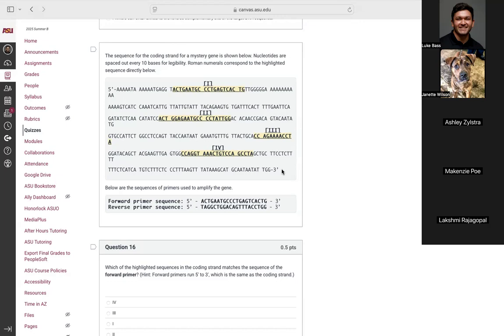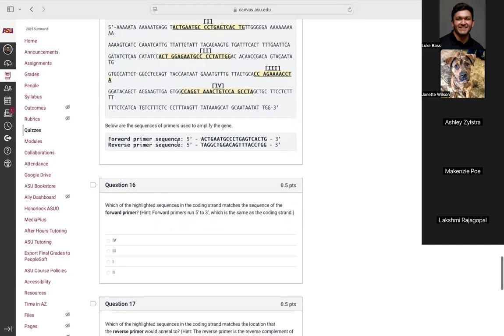Nucleotides are spaced out every 10 bases for legibility. Roman numerals correspond to the highlighted sequence directly below it. So here are the sequences that this researcher designs, this forward primer sequence and this reverse primer sequence. We're just asking you to map the primer onto the coding sequence and figure out where you would expect the primer to come from.